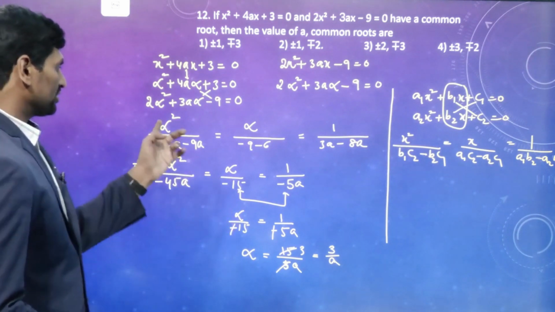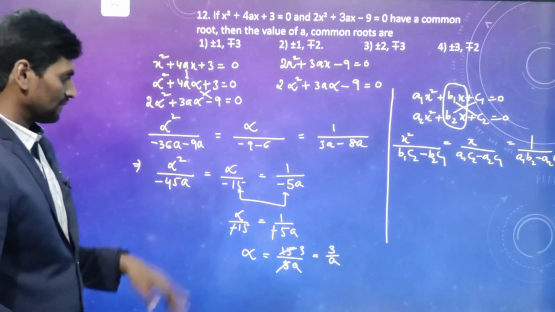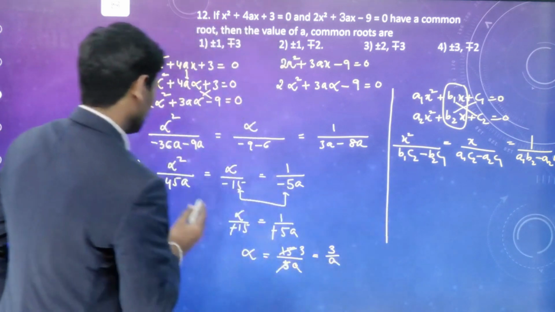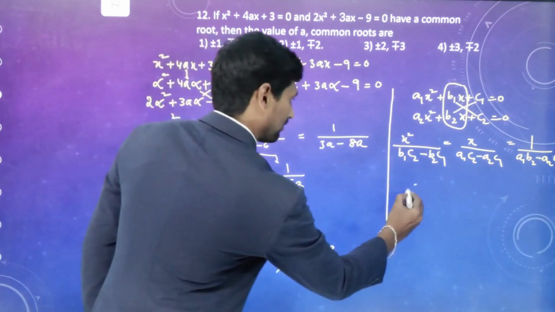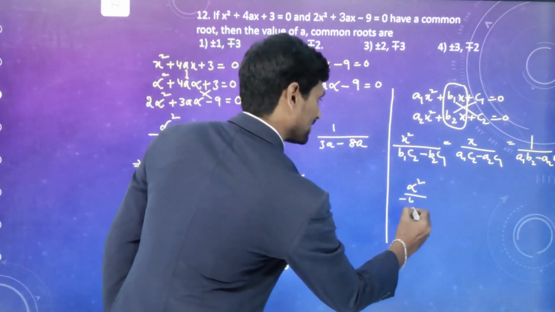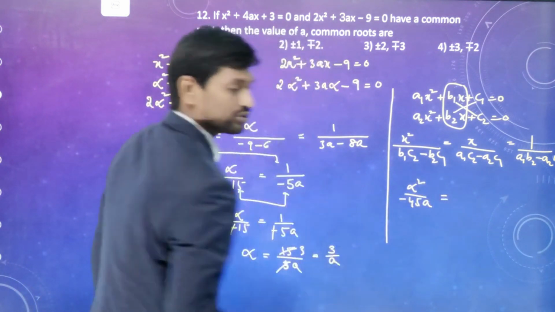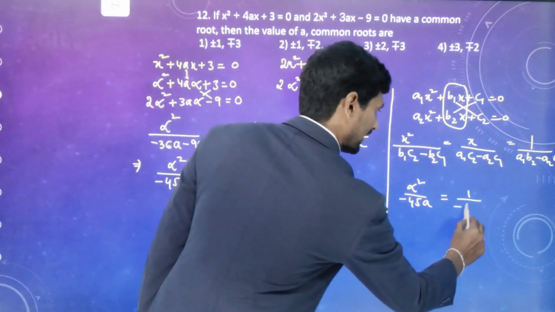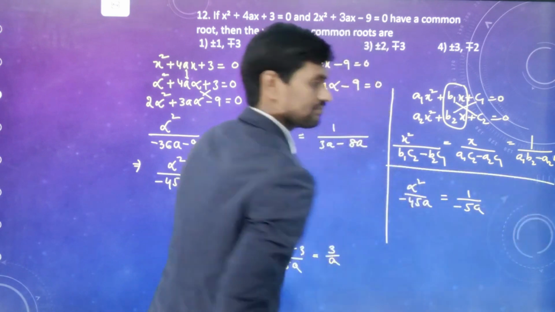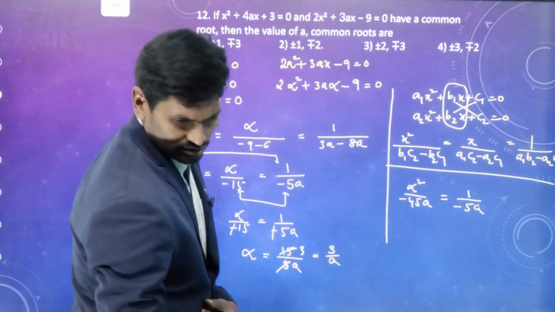That alpha value you need to substitute here. Now compare these two: alpha square by minus 45a equals 1 by minus 5a. So substitute in that.